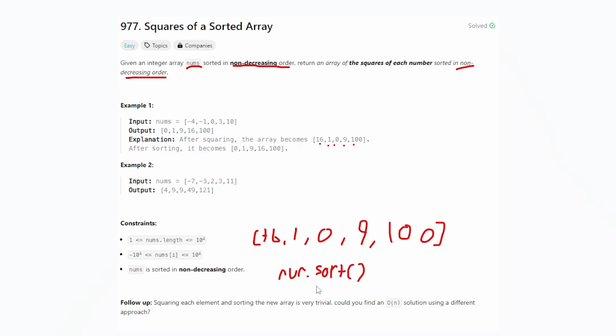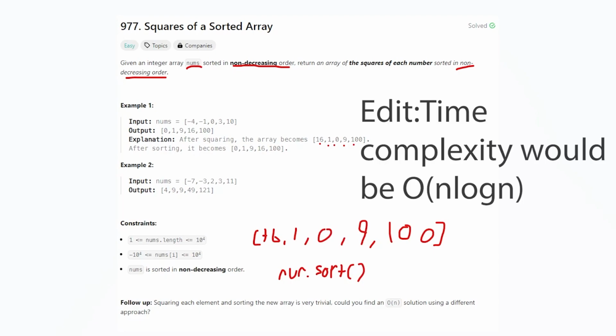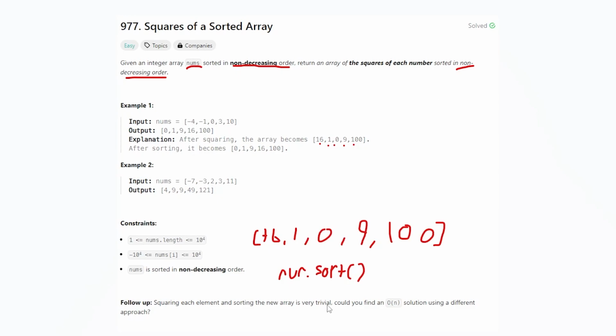We'll code it later, but we can just do this, right? I think this would be O(n log n), because of the sort. Anyways, they don't want us to do this here.